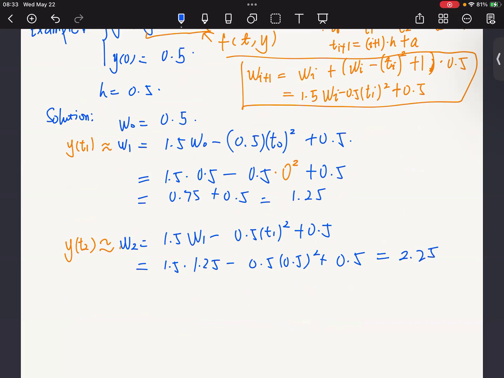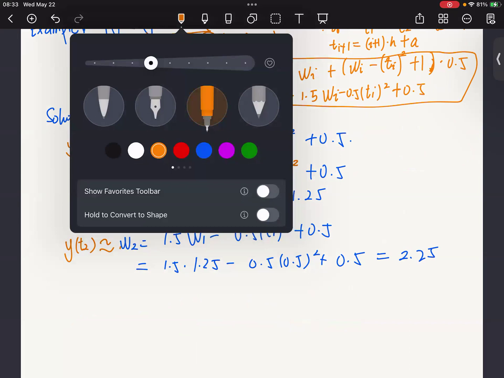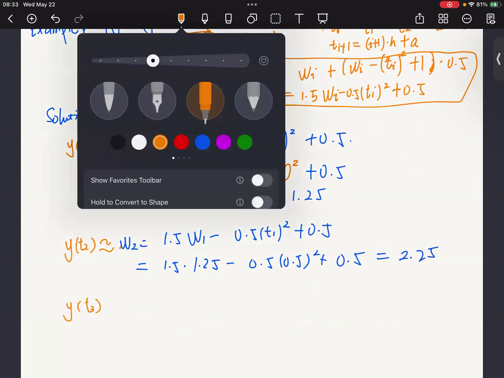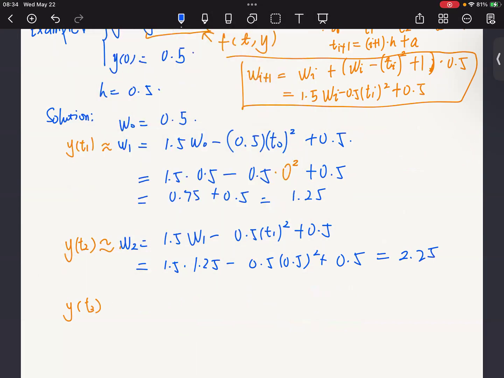And for Y(T3), Y evaluated at the nodal point T3, it's approximated by W3. W3 is calculated by 1.5 W2 minus 0.5 T2 squared plus 0.5 here.